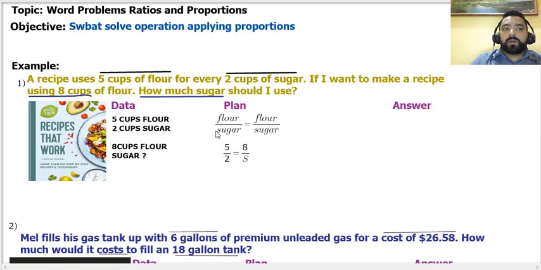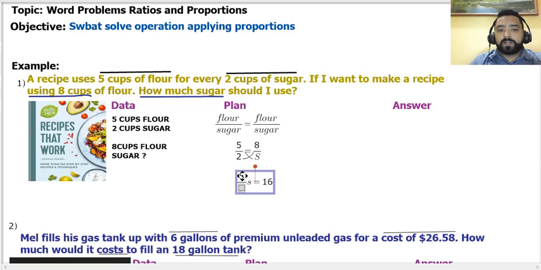Then remember, when we have proportions we use cross multiplication, so we are going to multiply S times 5 and 2 times 8. So we're going to have S multiplied by 5 is 5S, equal to 8 multiplied by 2, which is 16.